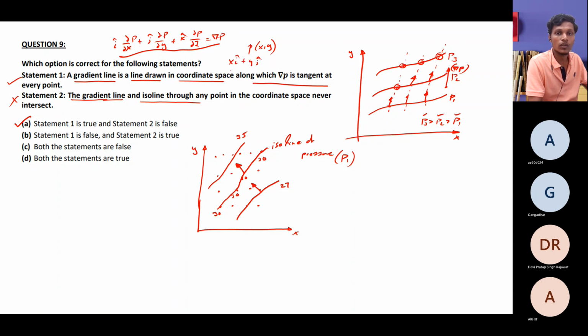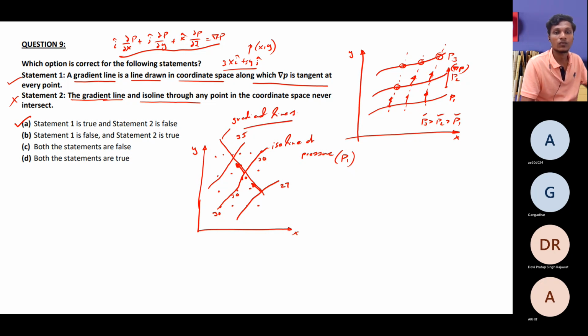If you substitute the values of x and y at every point, you can see the direction of it, like 3x cap or 5. This gives you the direction of that vector in the pressure gradient field, and its magnitude also. If you join these lines, making these vectors tangent, this will give you the gradient lines.